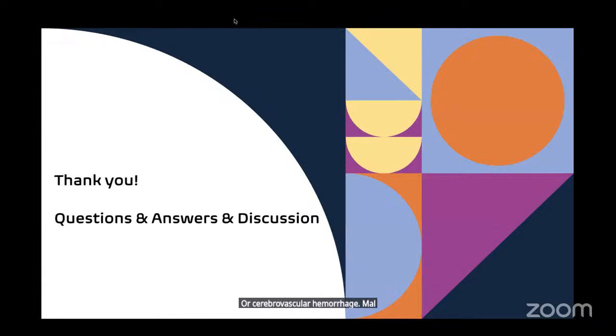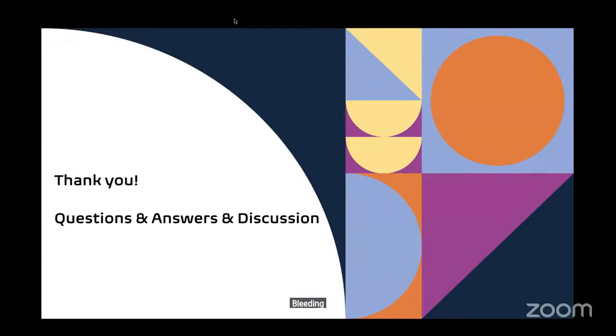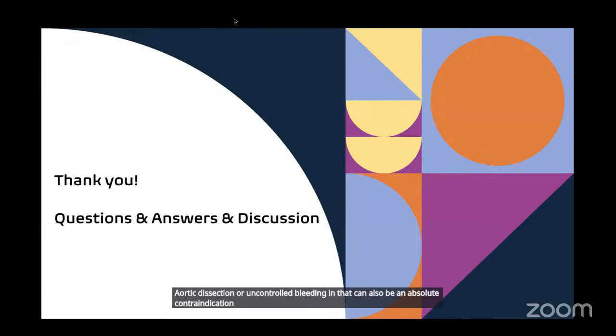Malignant tumors in the brain can also be an absolute contraindication. Active bleeding, such as in a trauma patient that has a vascular injury. Aortic dissection or uncontrolled bleeding can also be an absolute contraindication. I'm wondering if other panelists want to weigh in on contraindications to giving thrombolysis.